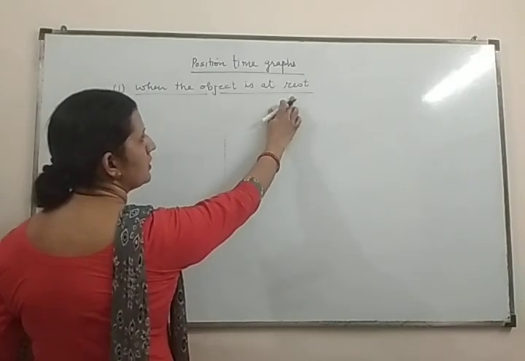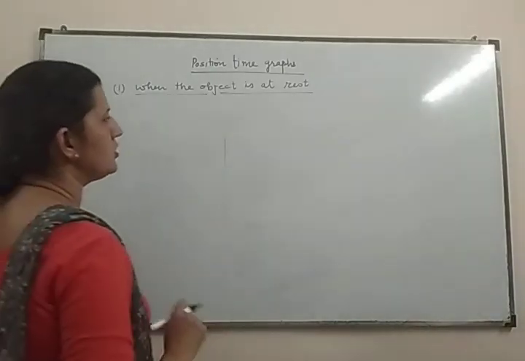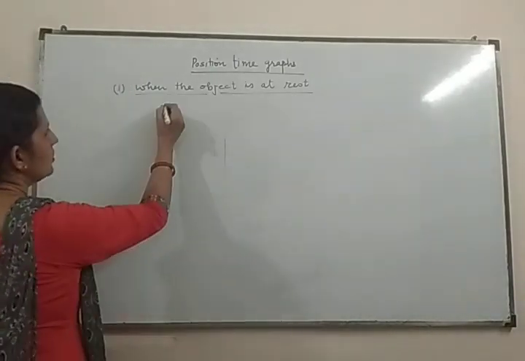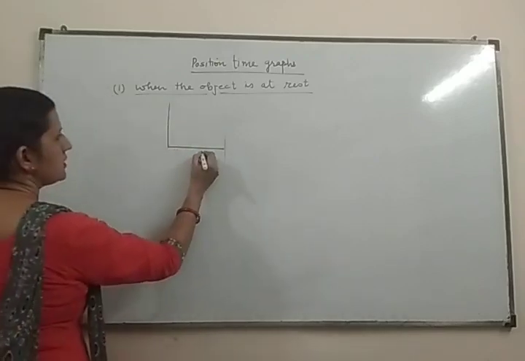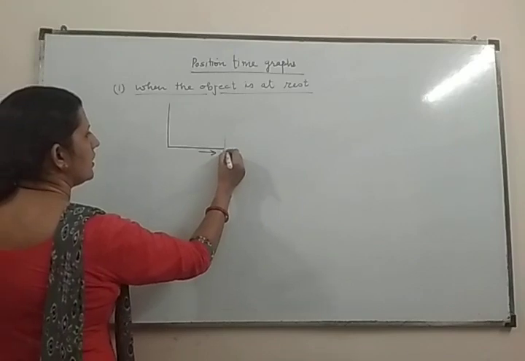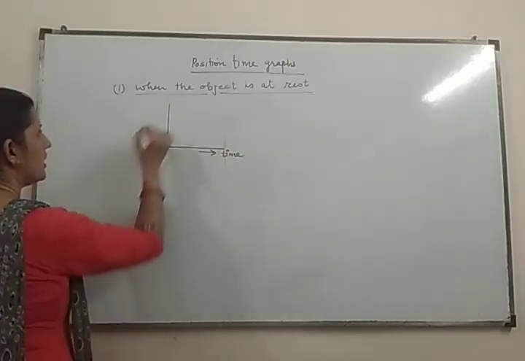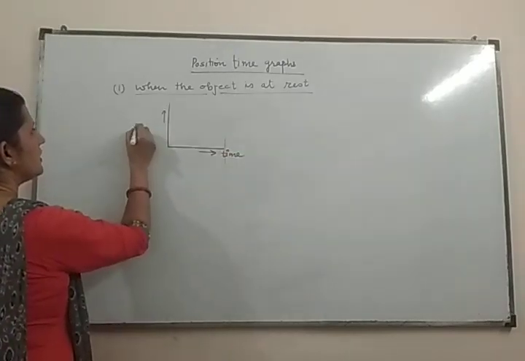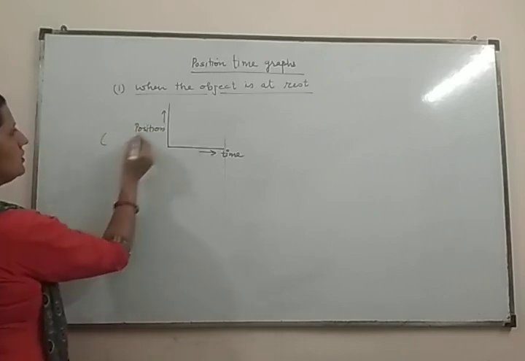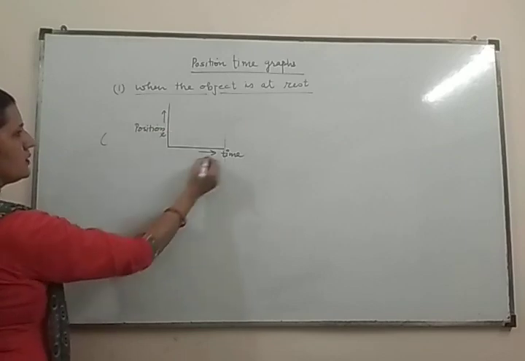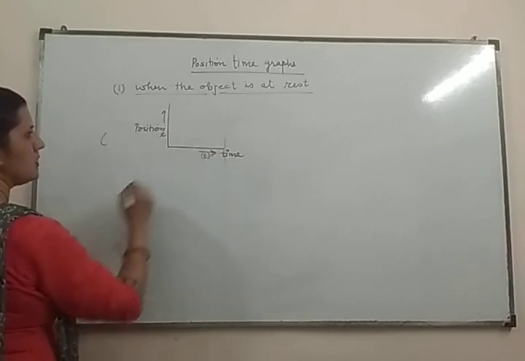It means the object is not changing its position with respect to time. So take the graph like this. Here on the x-axis you will take time, and on the y-axis you will take position. This position is represented as x and time is represented as t.